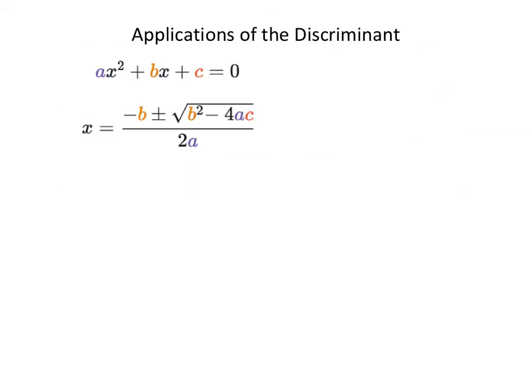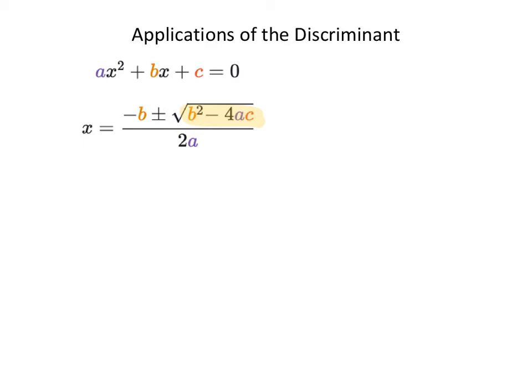Now we're going to be looking into the discriminant and its applications. Looking again at the quadratic formula, this is going to come up all the time now. We have the quadratic formula used to solve quadratic equations in standard form. The discriminant is the little expression inside my radical, underneath my radical.